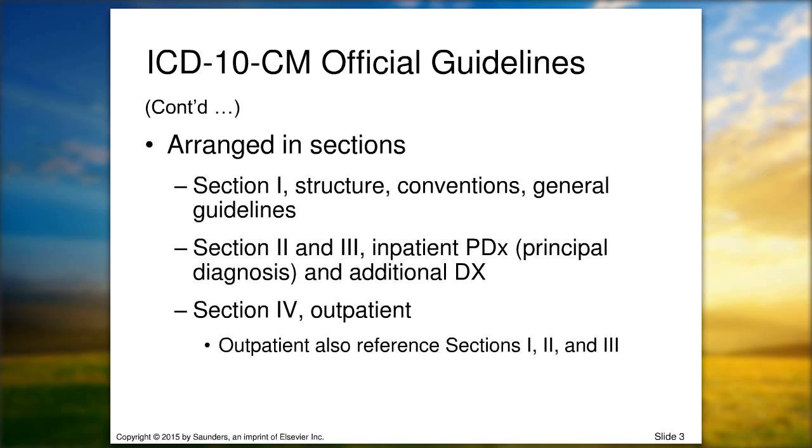Section 2 and 3 are your inpatient principal diagnosis and additional diagnoses. Section 4 is the outpatient section, which we just went over in Chapter 3. If you turn to page 13, Section 1, Conventions, General Coding Guidelines, and Chapter-Specific Guidelines starts.